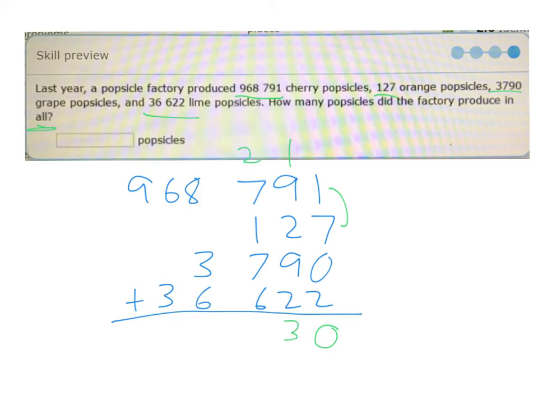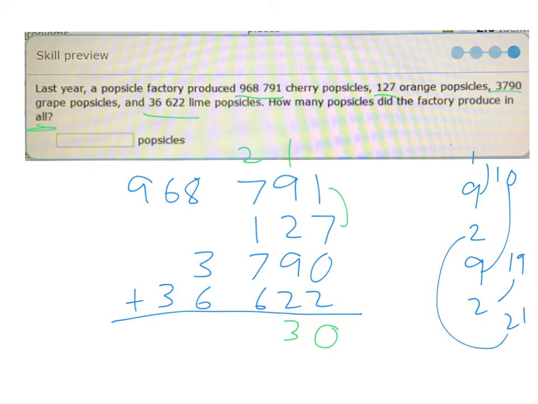If you need to do that on the side, how I would go about it is like this, 9, 2, 9, 2, it's the 1. I'd go, that's 10, then 10 and 9 is 19, then add the 2, makes it 21, then add the other 2, 23. Whatever you need to do to make it work for you to keep track. So we said 23, put our 3 down, our 2 up.